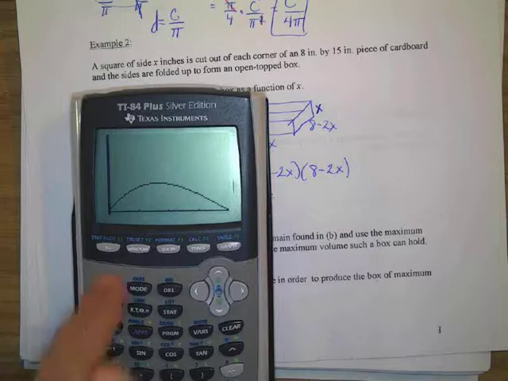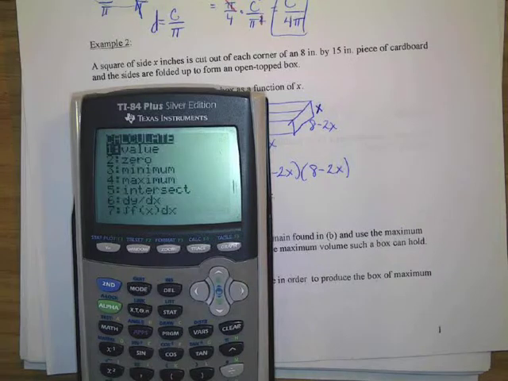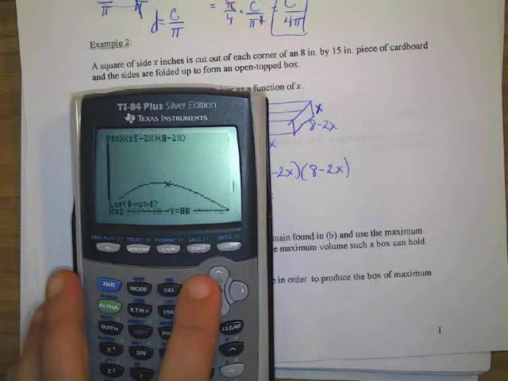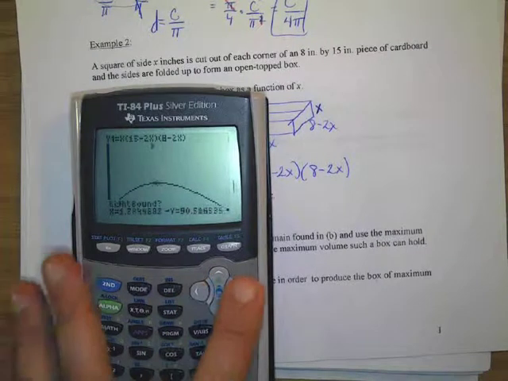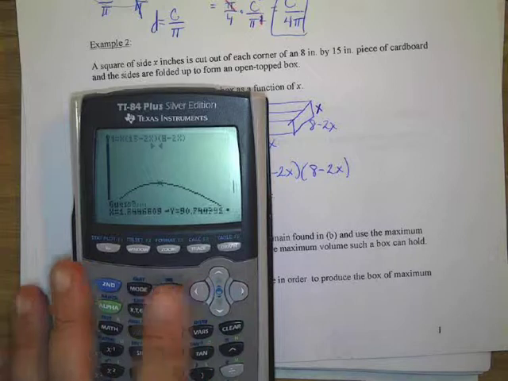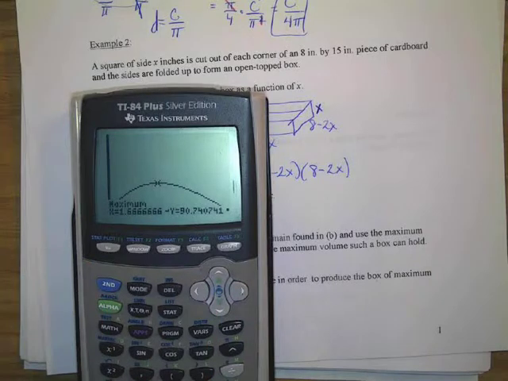Yes. So second, calculate, number 4. For the maximum volume, I got 90.74 cubic inches. And what X gave us the maximum volume? 1.667 inches.